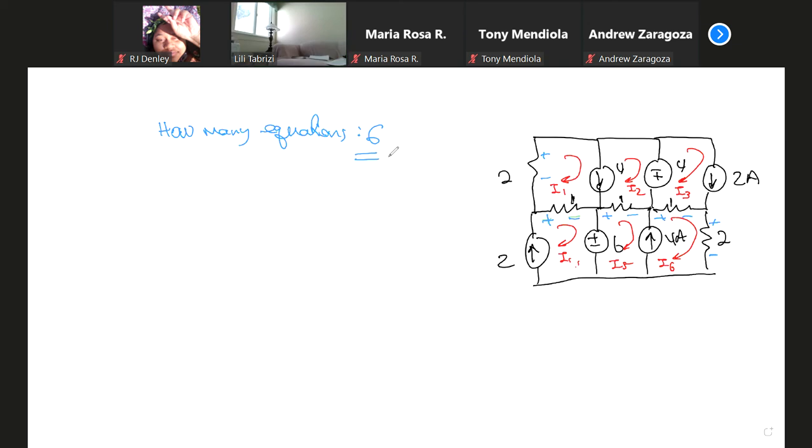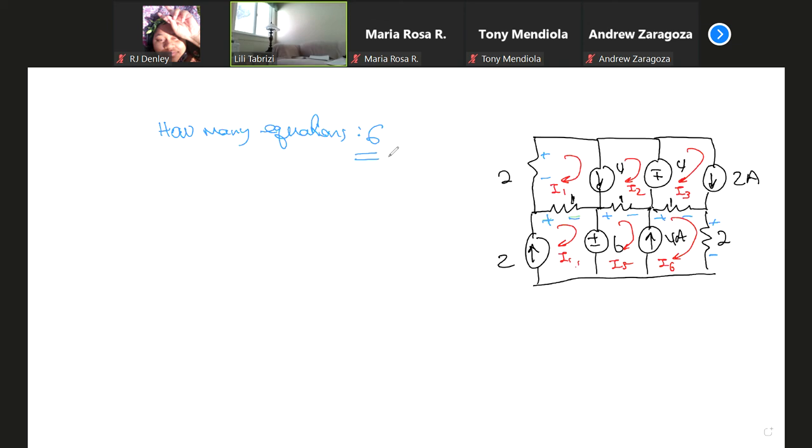How do you start to get those equations? From where? From your loops? Before using loops, you can do the current first, right? The current sources. Okay, we got to use current sources.